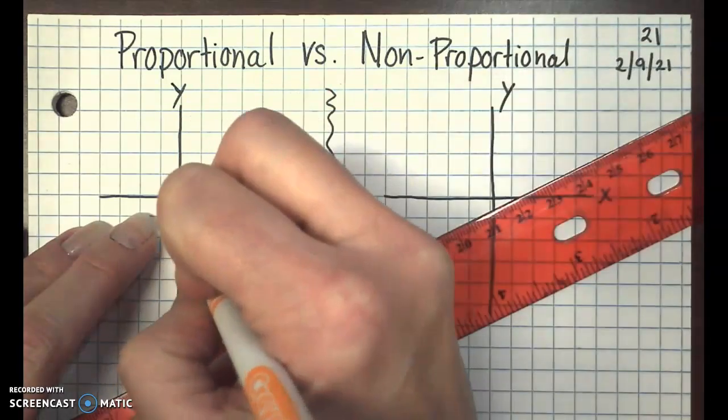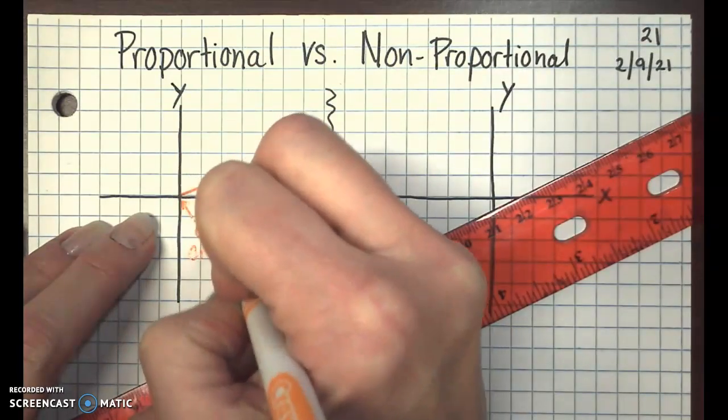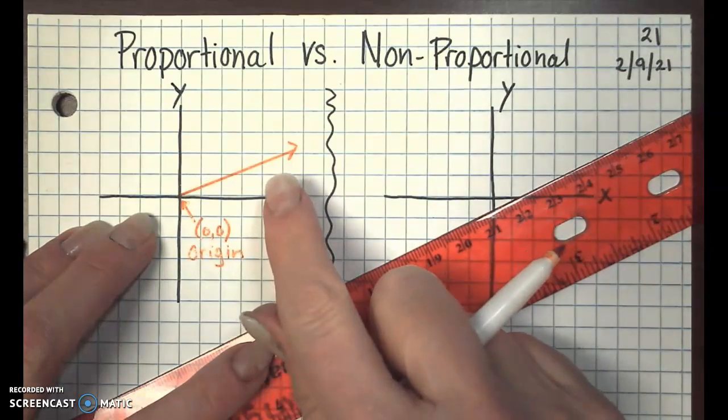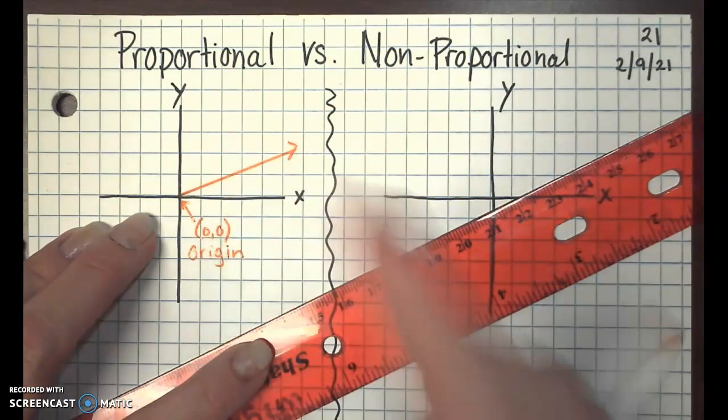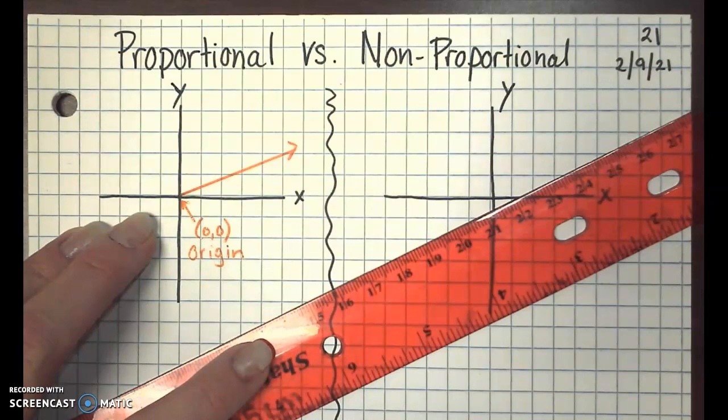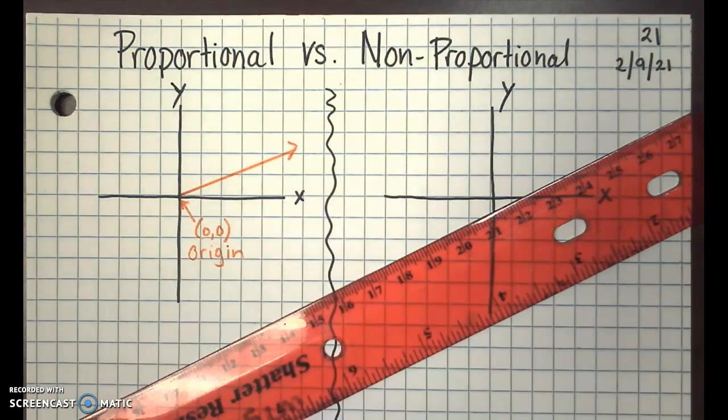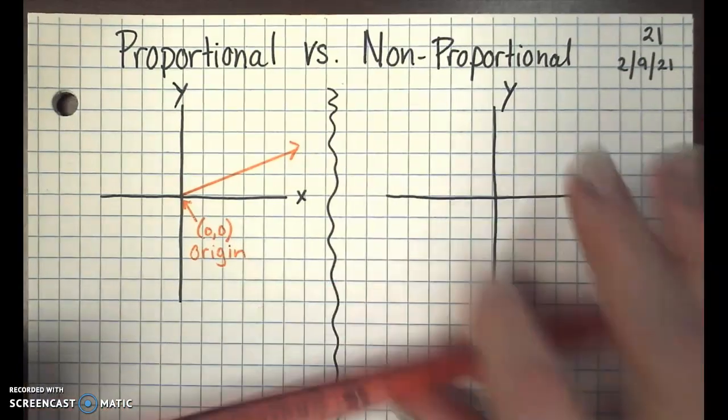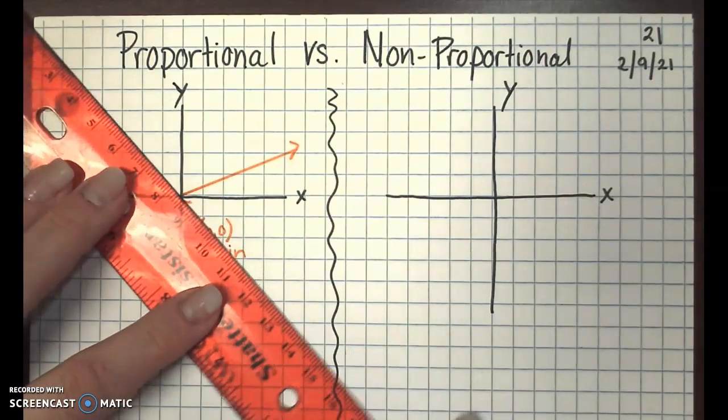All right. Any graph that goes through the origin or touches or starts at the origin is proportional. So that's one example. Here's another example. It doesn't have to just start at the origin.